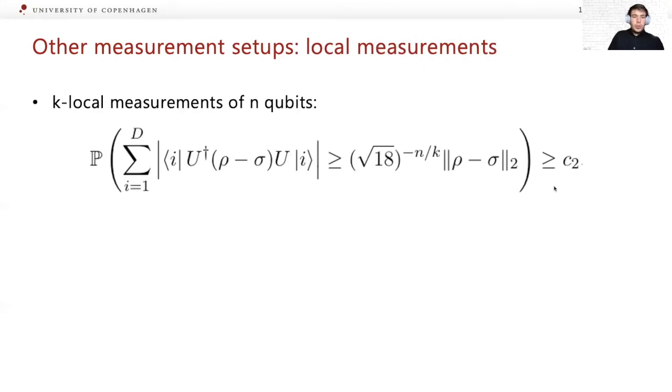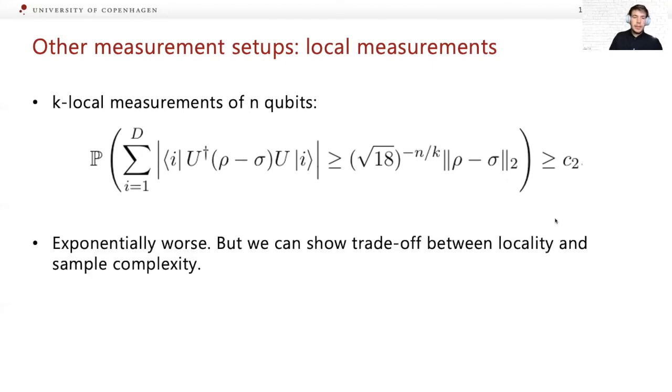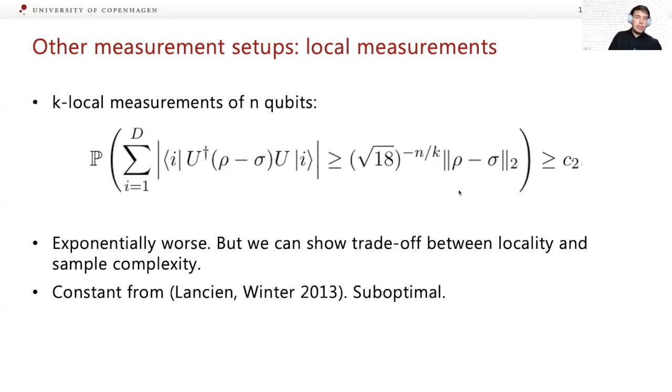And we can also do k-local measurements, although in this setting, our results are not competitive. So whenever you're not measuring global unitaries, but only unitaries acting on k qubits, then we obtain this version of the inequality. And this constant, this square root of 18, comes from work by Lancian and Vinta.